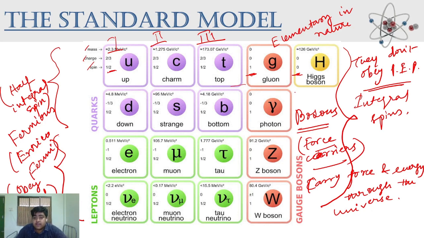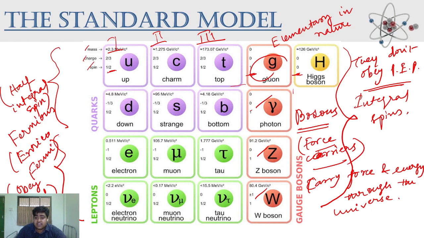Bosons are also classified as gauge bosons. So this gluon, photon, Z boson, and omega boson. These are gauge bosons.